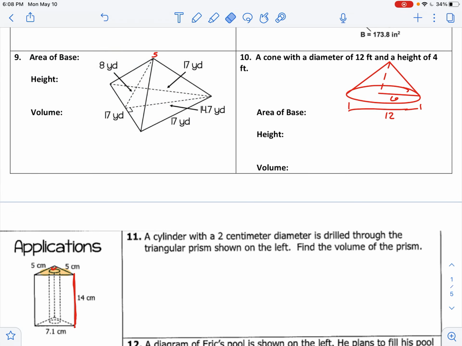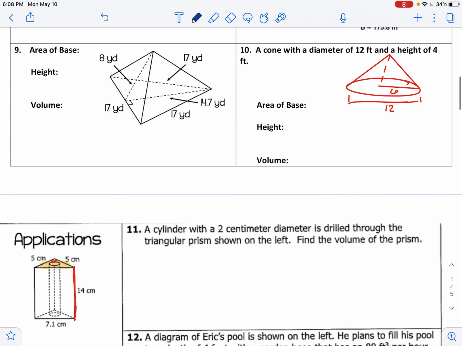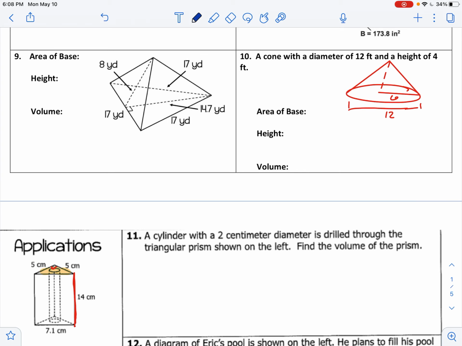In this video, we'll talk about how to find the volume of a cone or a pyramid. So what you would need to do is find 1/3 times the area of the base times the height.